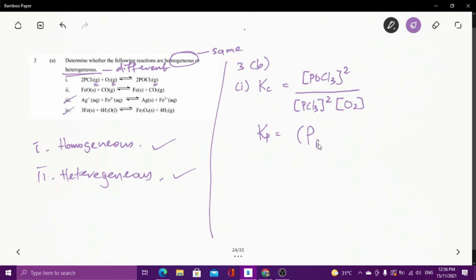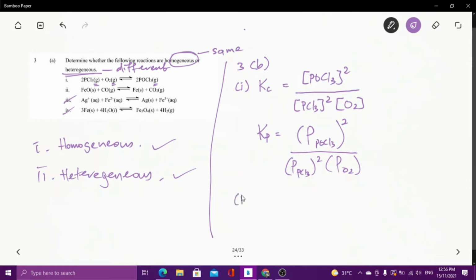So kita ada P, POCl3, so partial pressure of POCl3 to the power of 2 over the partial pressure of PCl3 to the power of 2 over the partial pressure of oxygen. Okay, so that's the expression for Kc dan juga Kp untuk soalan 1 Roman.